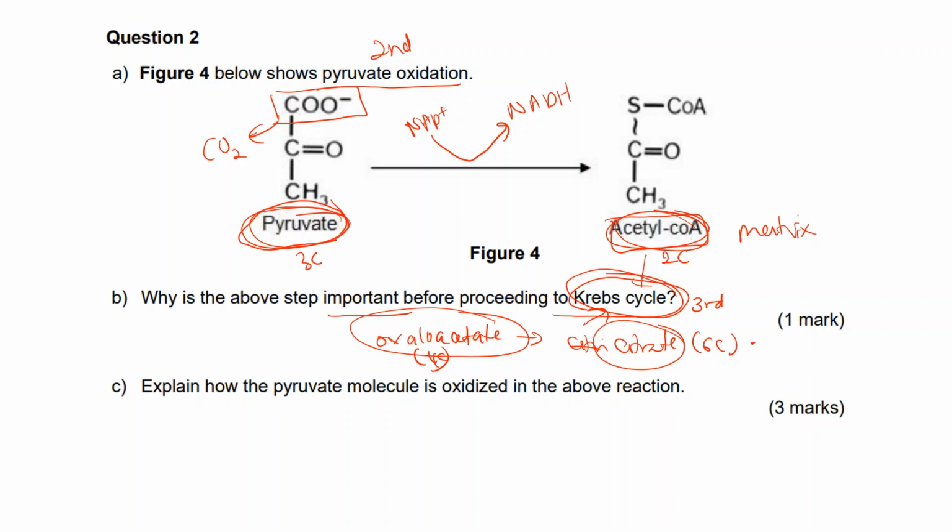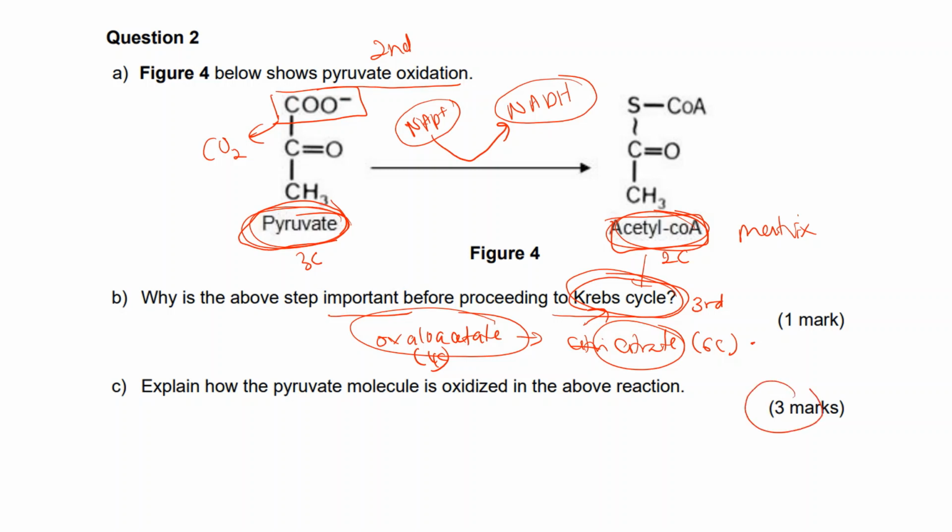Question C. Explain how pyruvate molecule is oxidized in the above reaction. Oxidized means that the pyruvate molecule will release its electron and give the electron to NAD plus, and NAD plus will become NADH. If you look at the question, it is 3 marks.